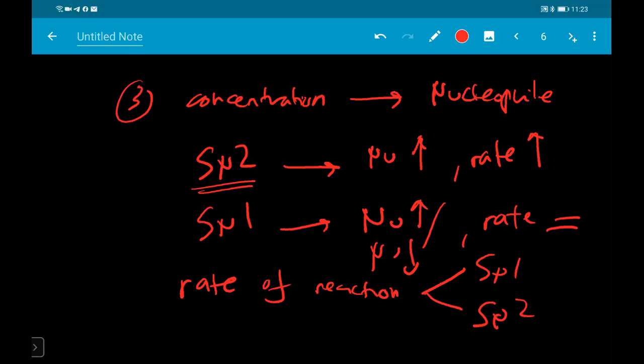Ni fakta: SN1 is not affected by the nucleophile. Sama ada nucleophile tu tinggi atau rendah, rate of the reaction dia pun adalah sama sahaja. Alright, these are the things that you need to focus on in your discussion. You also need to include any chemical reaction which is associated with the discussion.